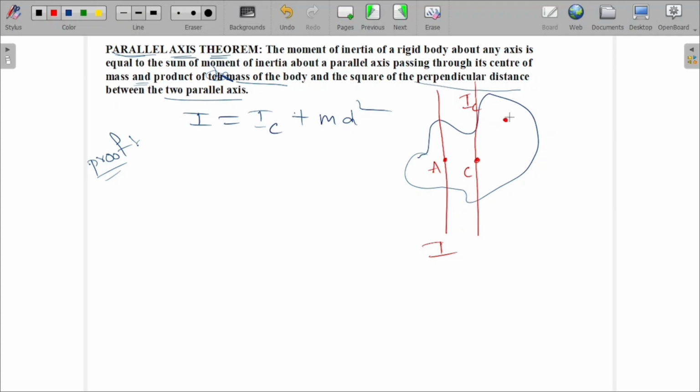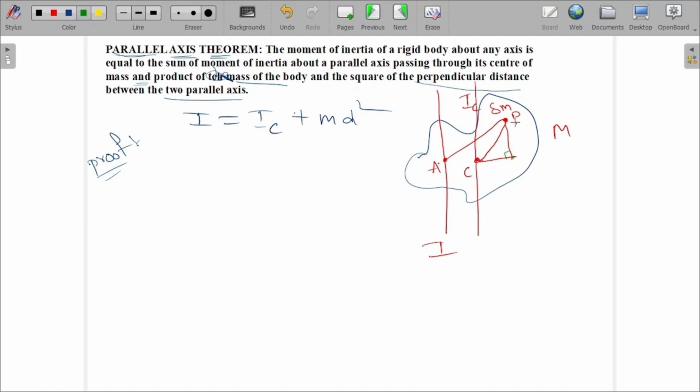Let's consider that the total mass is m. At this point the mass is considered as delta m. Let's consider this point as P. This point is A, C, and that point is P. Now from this I can form a right angle triangle, where these two are perpendicular.